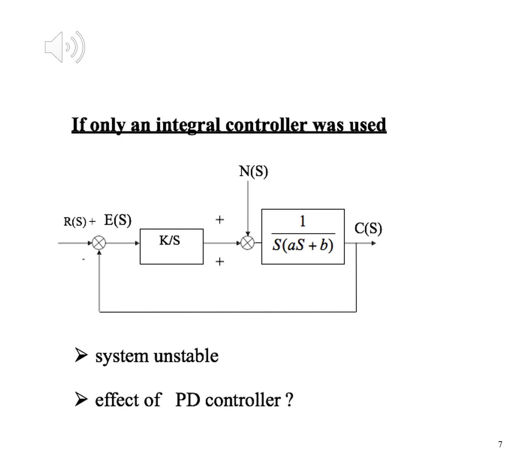But be careful. In this case, I want you to make the analysis yourself, and you will discover the system will be unstable. Using the integrator alone, without the proportional element, will cause the system to be unstable.